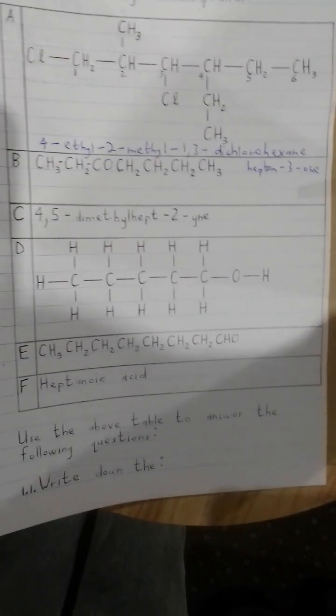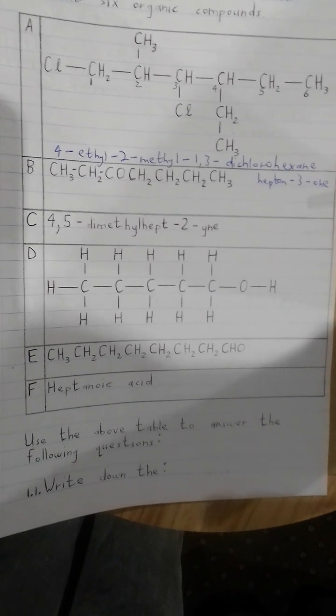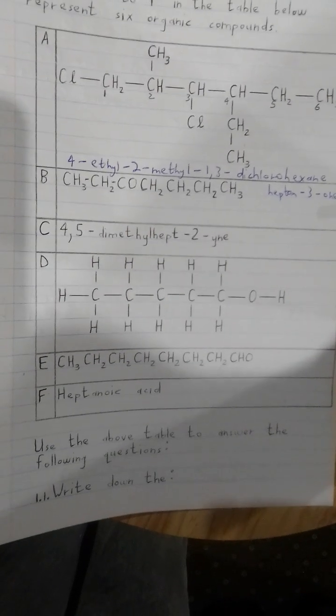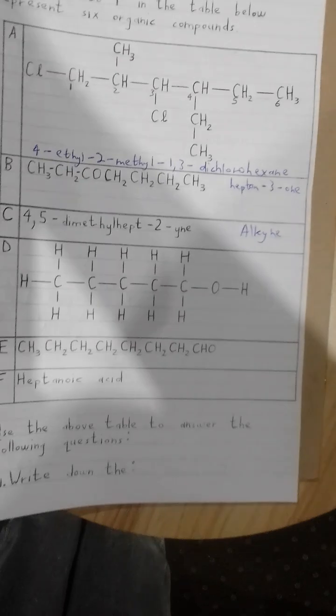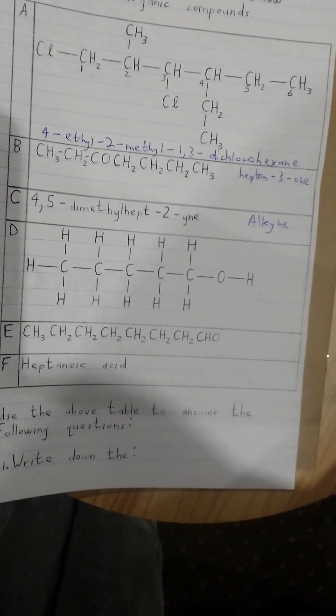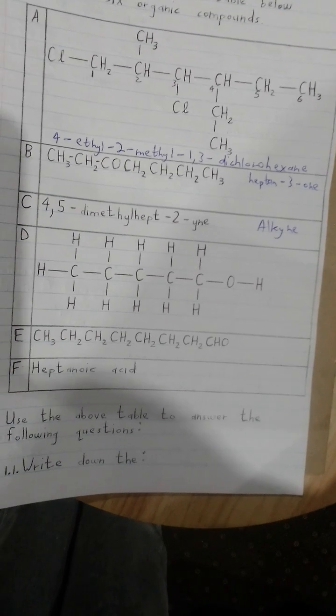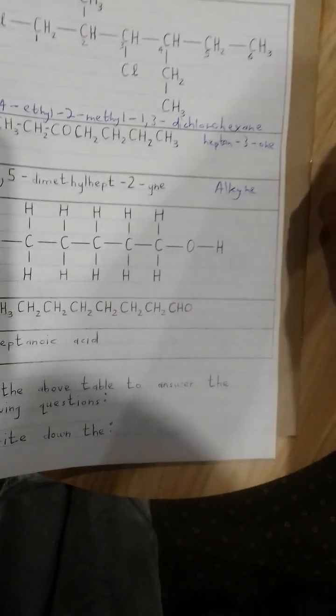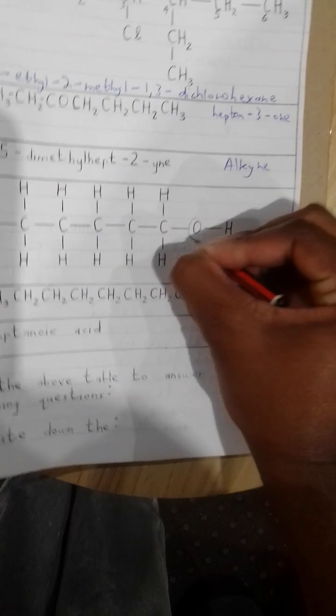Okay. Compound C, you have 4,5-dimethylhept-2-yne. So this is an alkyne hydrocarbon. Compound D, you have that formula. Okay, single bonds only, so it's saturated. And then this is a hydroxyl group.